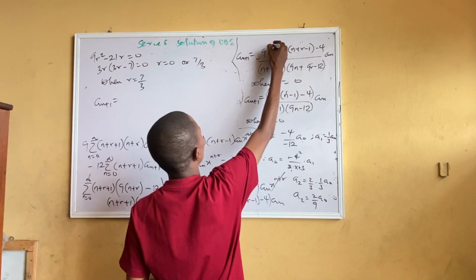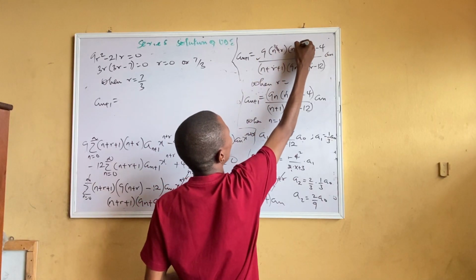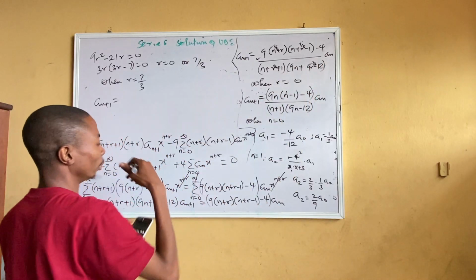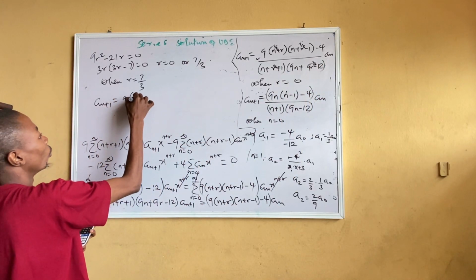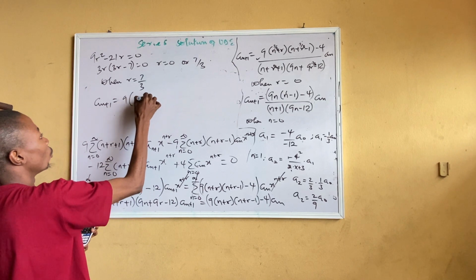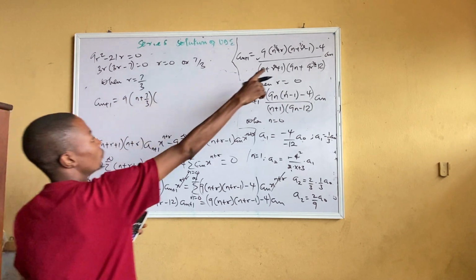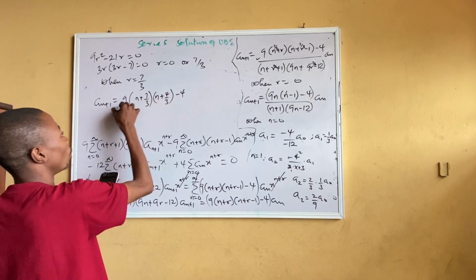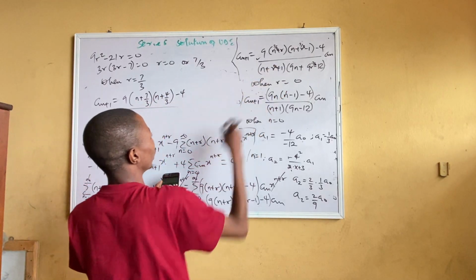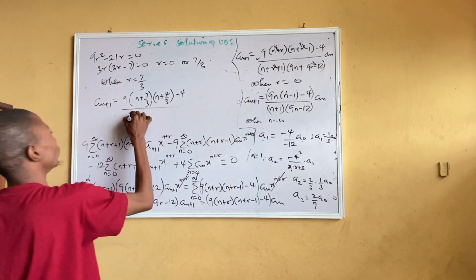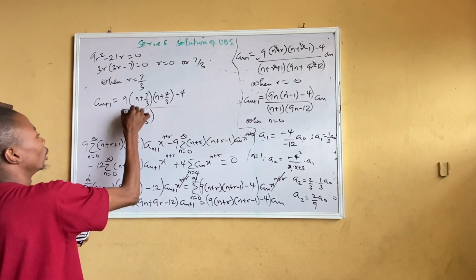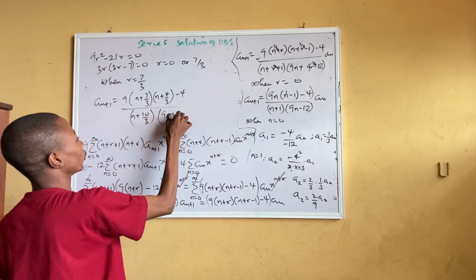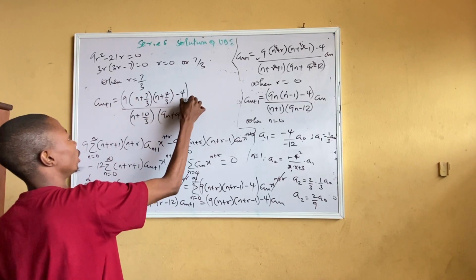If r is 7 over 3, we are going to have 9 times (n plus 7 over 3) minus 4, which gives n plus 4 over 3 in the part, all over, putting 7 over 3, n plus 10 over 3. Put the same thing in the other factor, 9n plus 9. Everybody here is having a_n, don't forget.